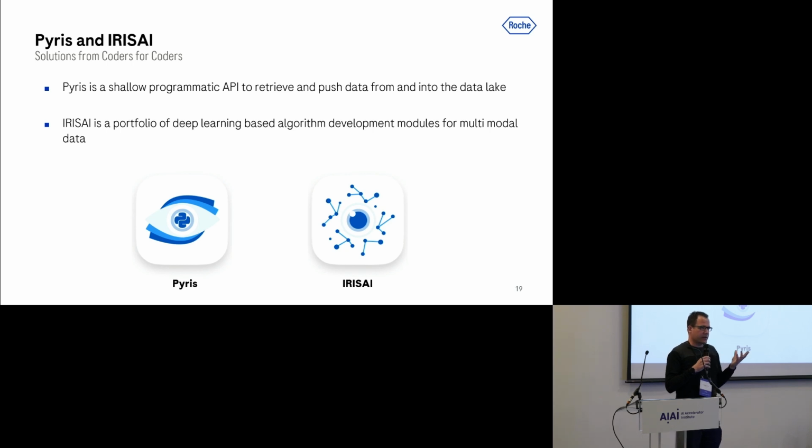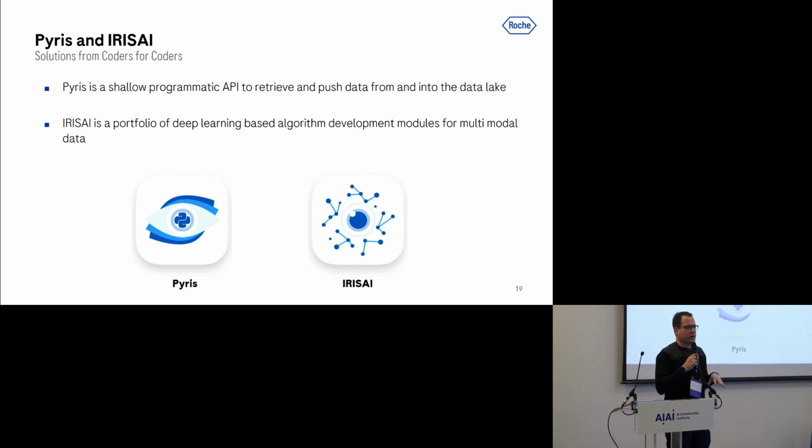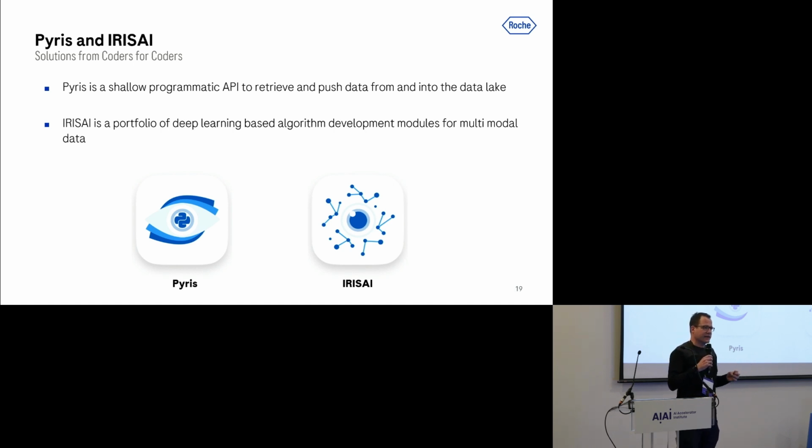The other open source library we offer is called Iris AI. It's a portfolio of deep learning-based modules for algorithm development. This was also initially only for pathology, but now we support different use cases and modalities like radiology and genomics. We have modules that are specifically designed for semantic segmentation, survival prediction, multimodal analysis, and others.